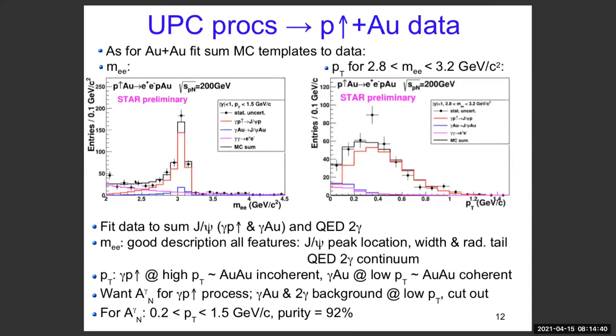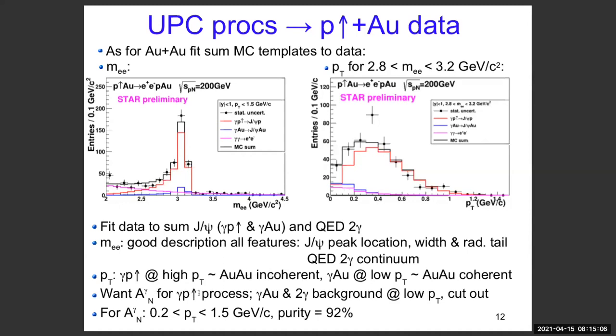There is some continuum distribution. And in the PT, you see there's a small contribution from the proton emitting the photon at low PT, like in gold coherent, but the dominant one at higher PT is from the scattering off the proton, which is similar to the gold incoherent.